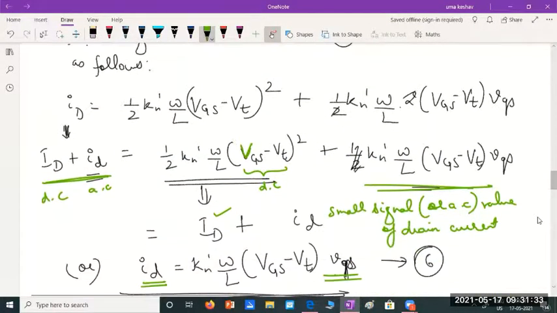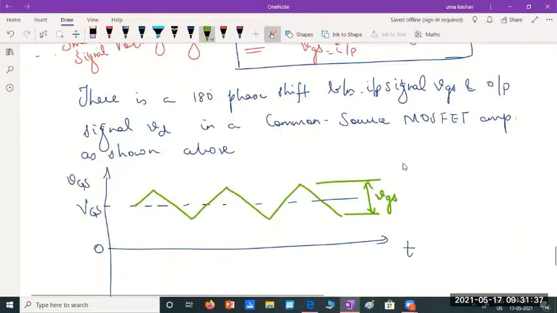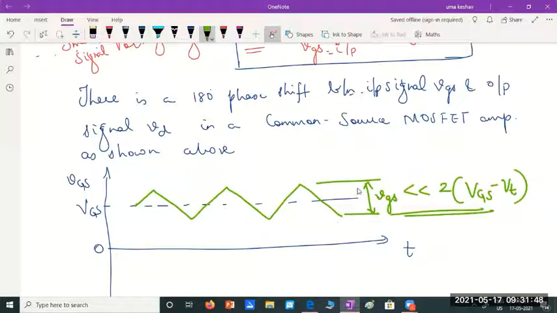So you can easily say this should be much less than VGS minus VT. Ensure this condition, or less than 10% of VGS. Either of these conditions means one and the same. Anything that holds good is fine.